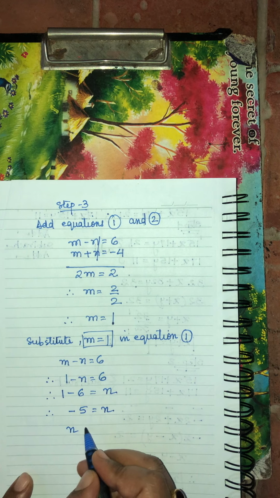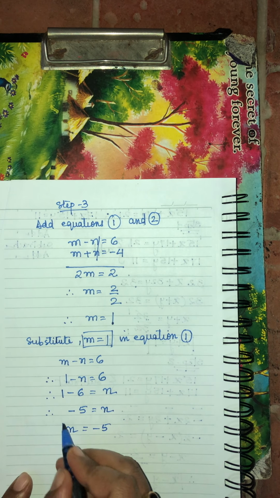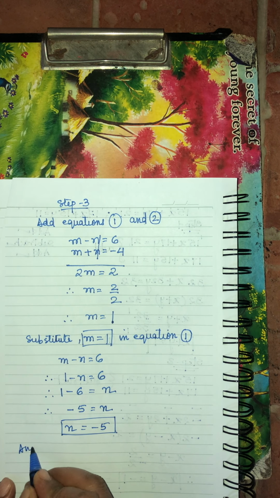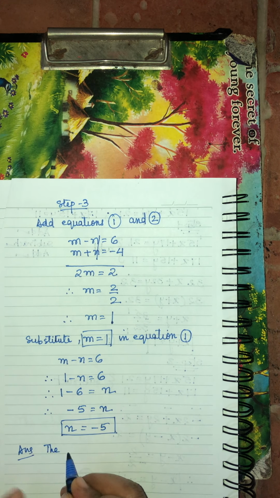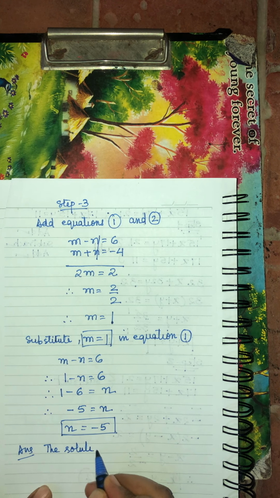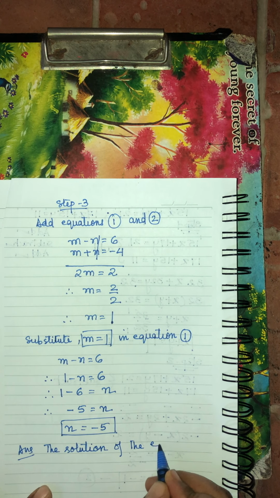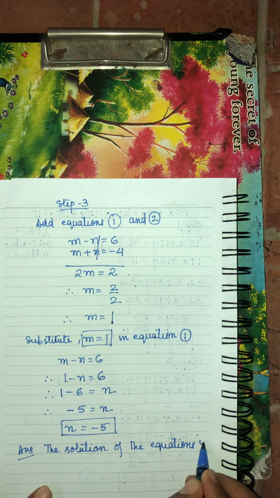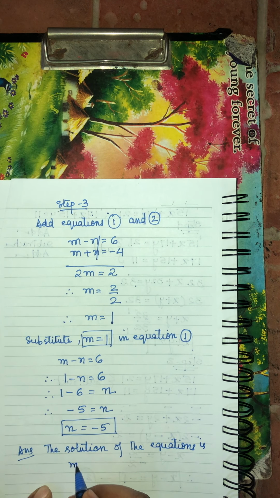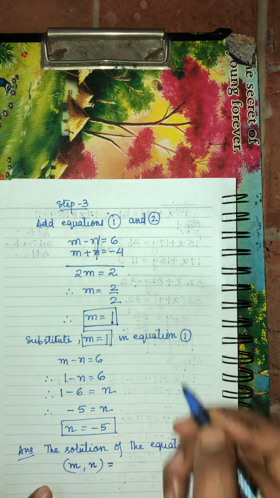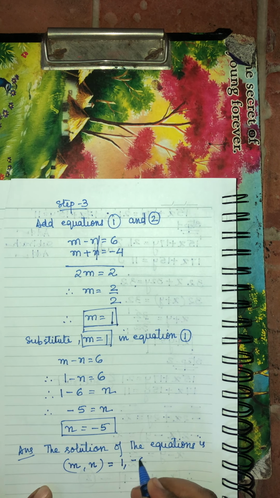Rearrange it in a proper manner. N is equal to minus 5. So what is the solution of these equations? The solution of the equations is first m, then n, that is m you got as 1, children. Alright, so 1 and minus 5.